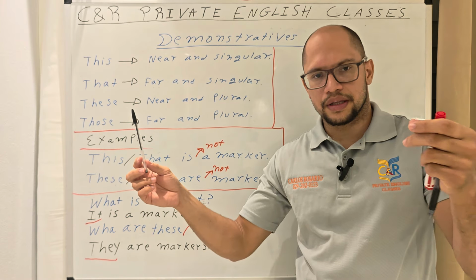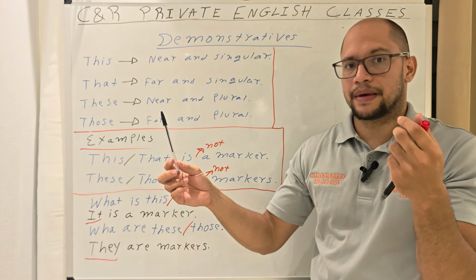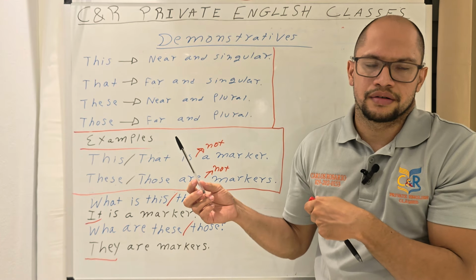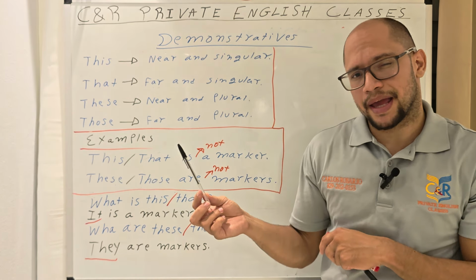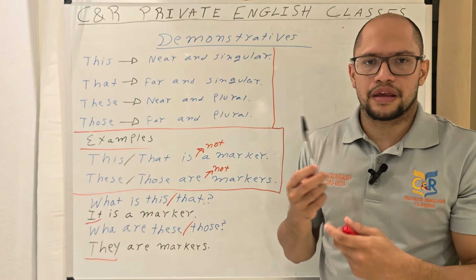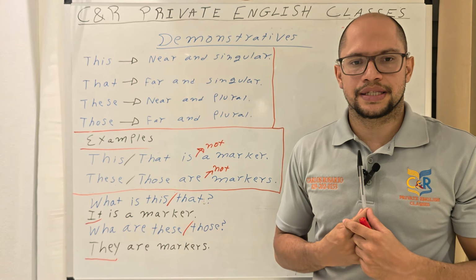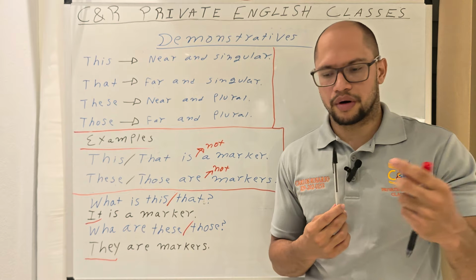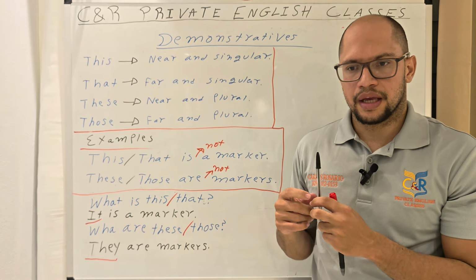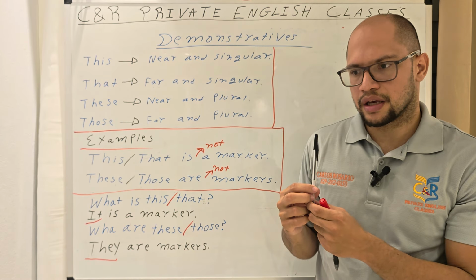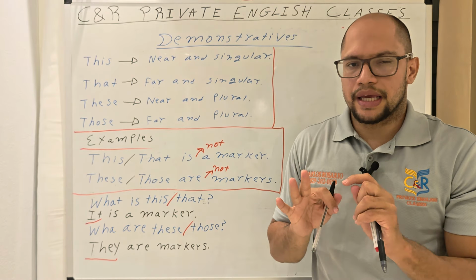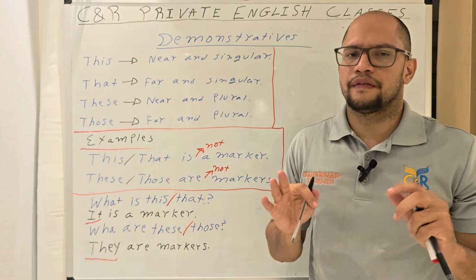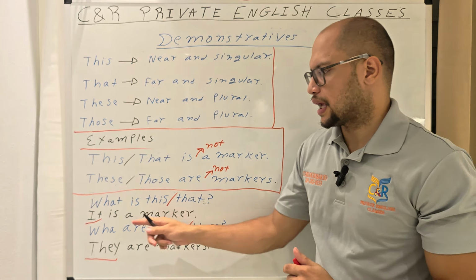For you, the object maybe is near or it is far. So maybe you say that is a pen or this is a pen. Or maybe the opposite. Maybe you are next to me and for you it is this, or maybe you are far and it's that. The point is, to avoid any confusion, you can say it.